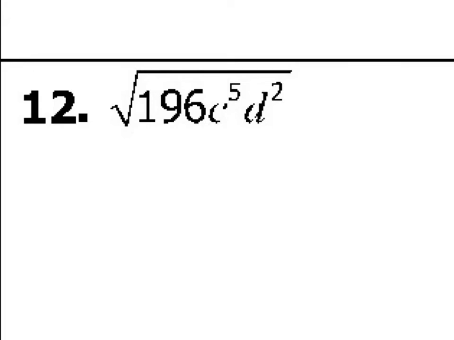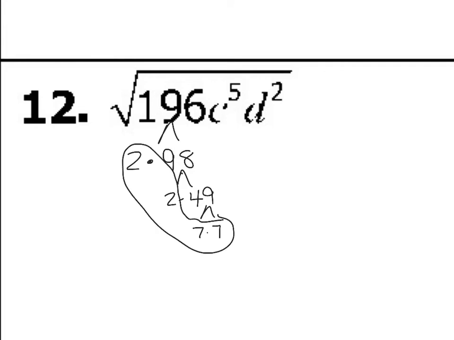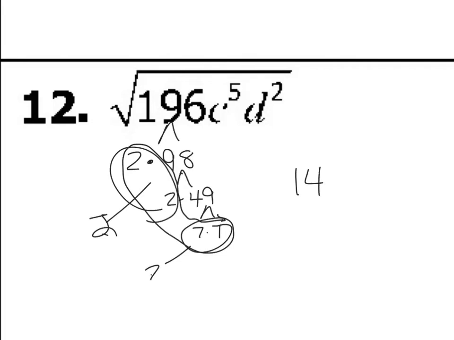All right, so this would be 2 times 98, and that's 2 times 49, and that's 7 times 7, right? So I got a pair of 7s come out, and I got a pair of 2s come out as 1 2. 2 times 7 is 14. So nothing stayed home as far as the numbers go.